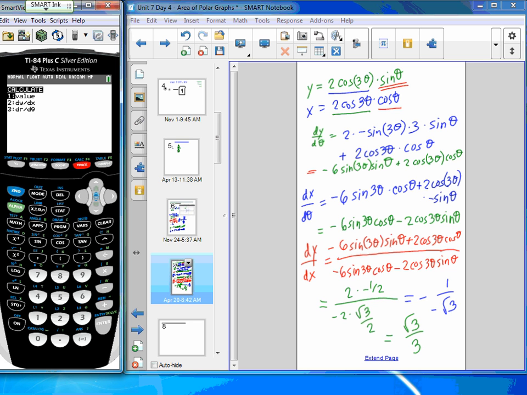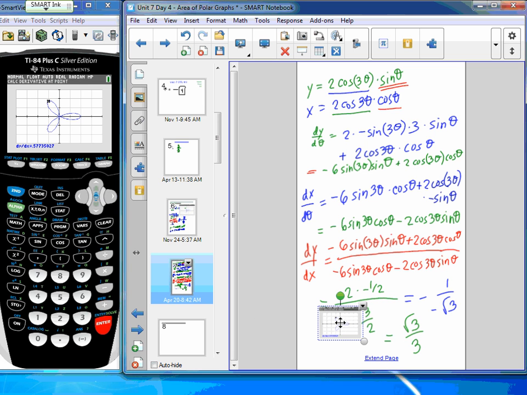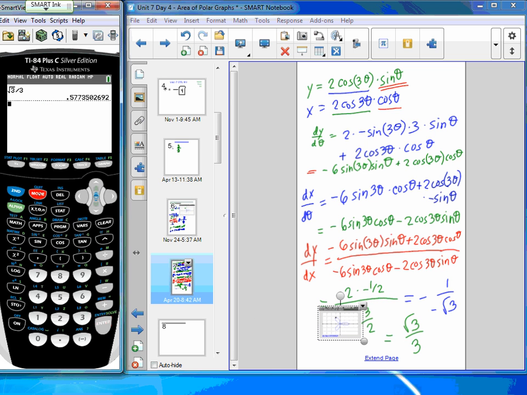So I'm going to do it at 2 pi over 3, and voila! What do we get? We got 0.5777, and that's what we wanted because that's what we calculated by hand.